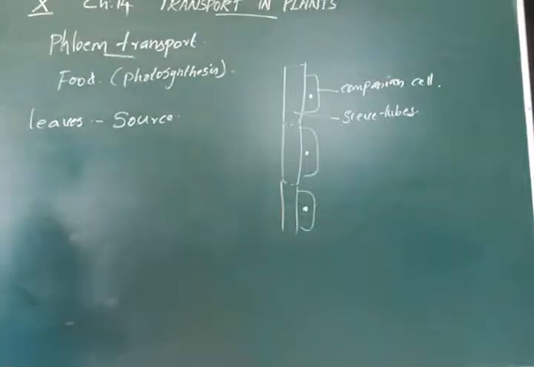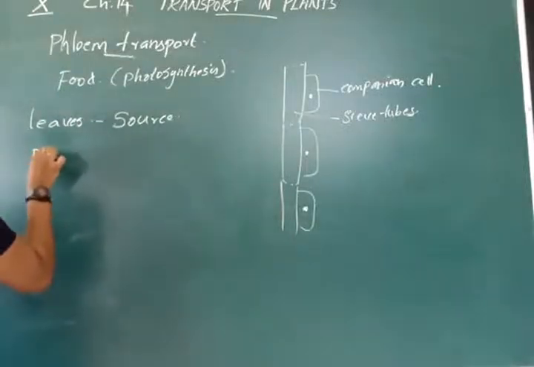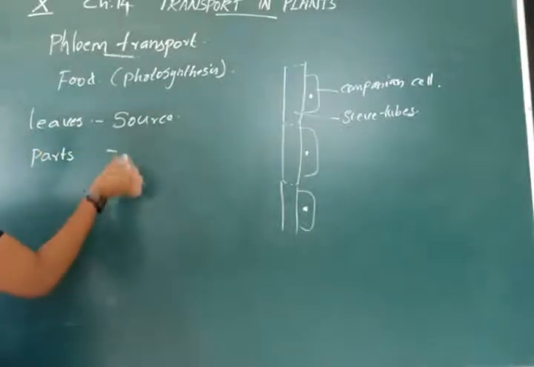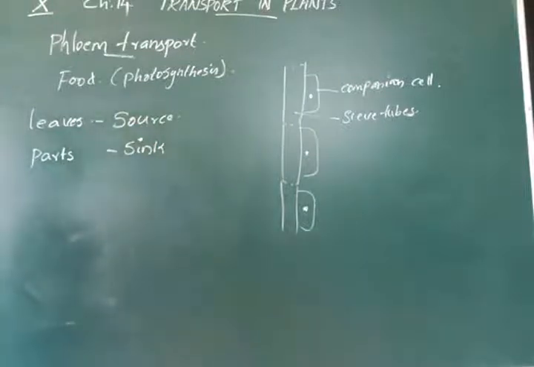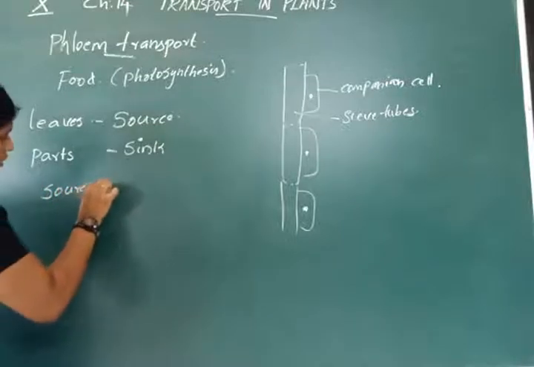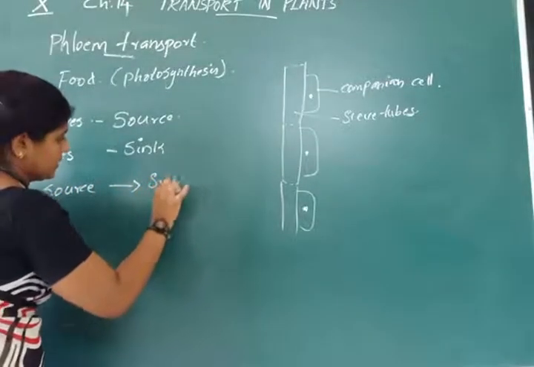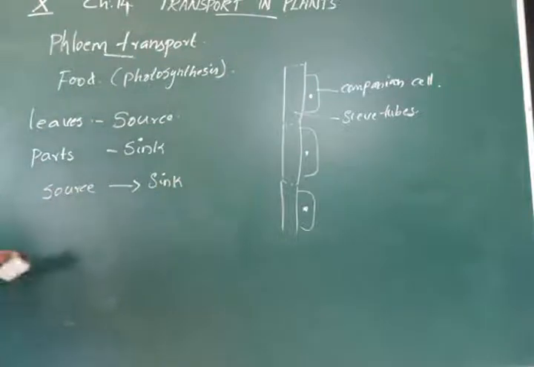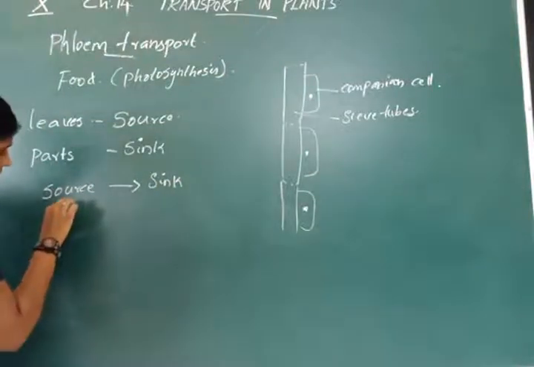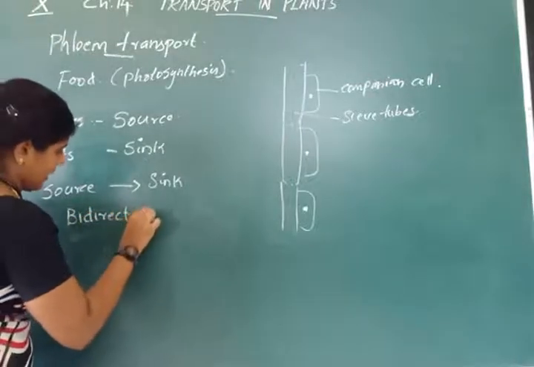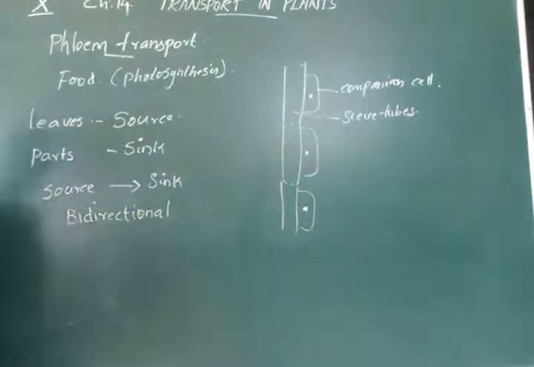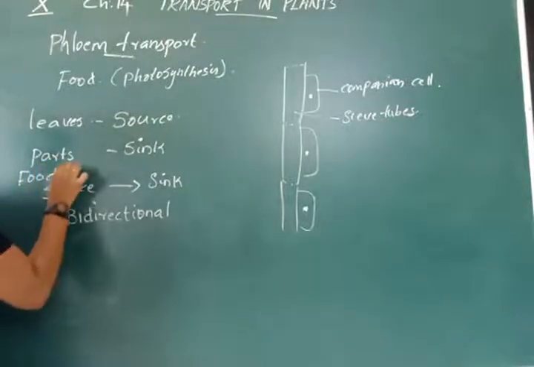The food is required by various other parts, which are called the sink. So the phloem always transports food from source to sink. It is a bidirectional movement. But in case of water transport, this is food transport.